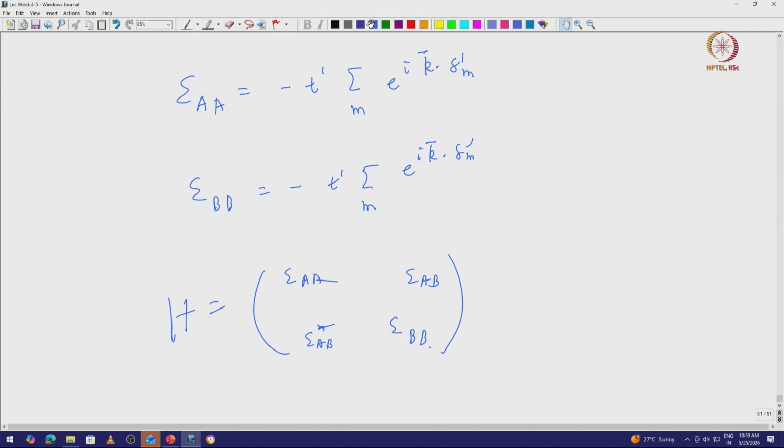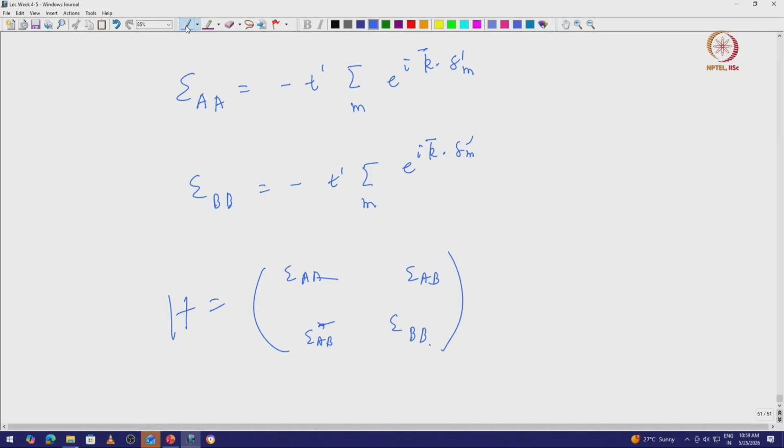So what Haldane proposed is that let us put some on-site potential difference between them. That will give us a D3 term, which will be then M, just M, because that is the only difference between these two, and that is k independent.